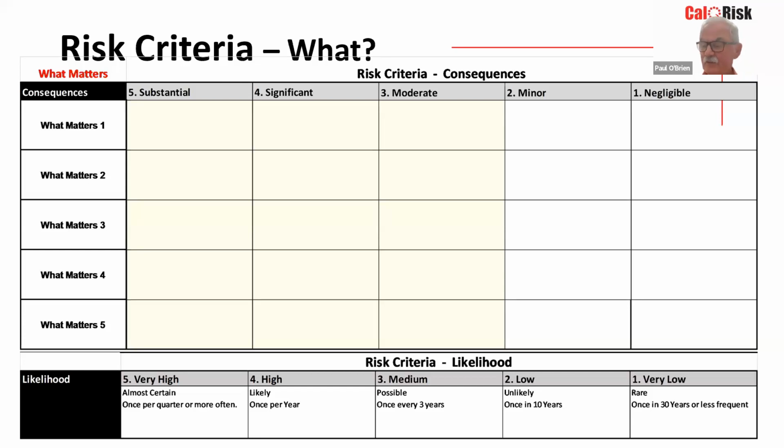So what is a 5 in consequence? Your worst case scenario can be something like a complete compliance failure, where you basically get deregistered from doing whatever you're approved to do.